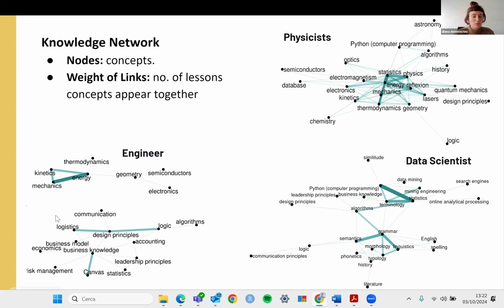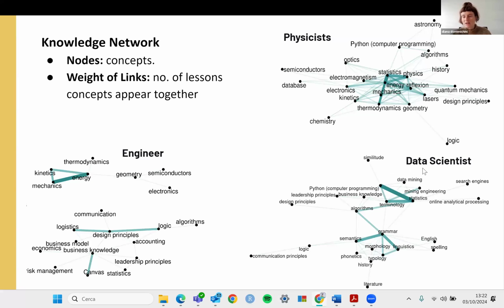We can see that these two groups of knowledge are not connected, and this indicates the multidisciplinarity of the management engineering course, while on the other hand the physics course is unidisciplinary, where we just have knowledge about scientific subjects.